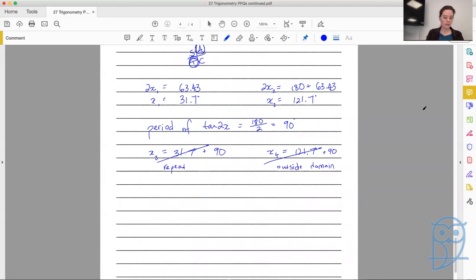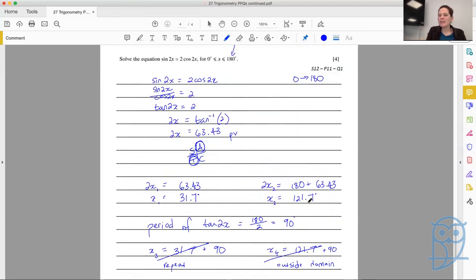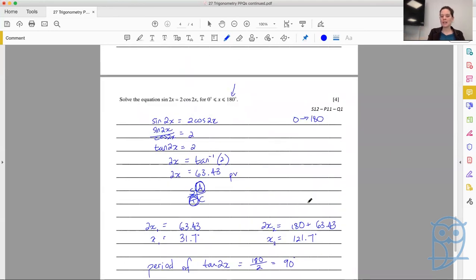It's just the 2 of them. So we can conclude that solutions we have, x equals 31.7 degrees and 121.7 degrees. So 2 solutions in our restricted domain, which also makes sense because we have tan 2x, right?